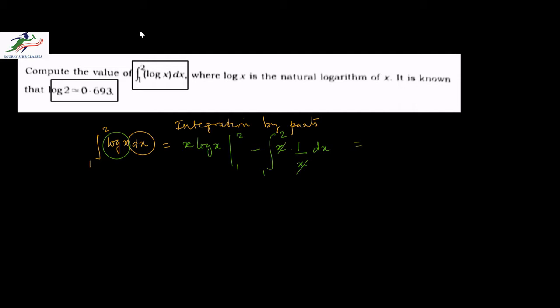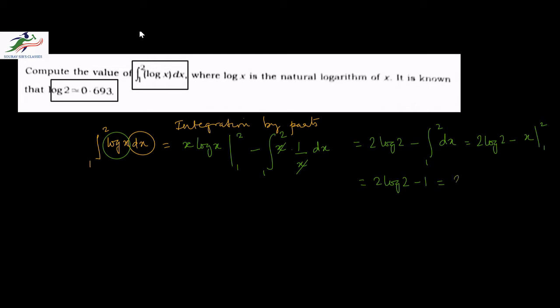So this becomes equal to 2 log 2 minus the integral of 1 to 2 dx, which is 2 log 2 minus x from 1 to 2, which is 2 log 2 minus 1.